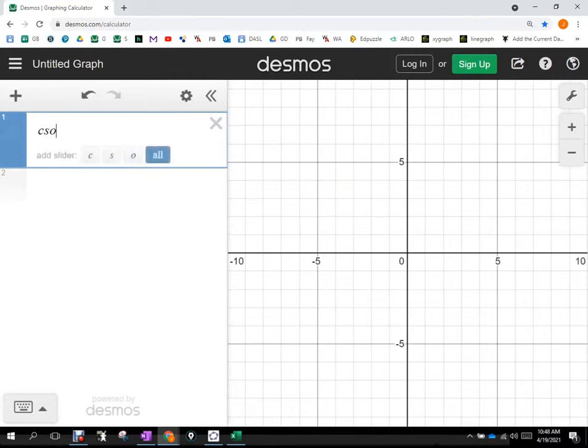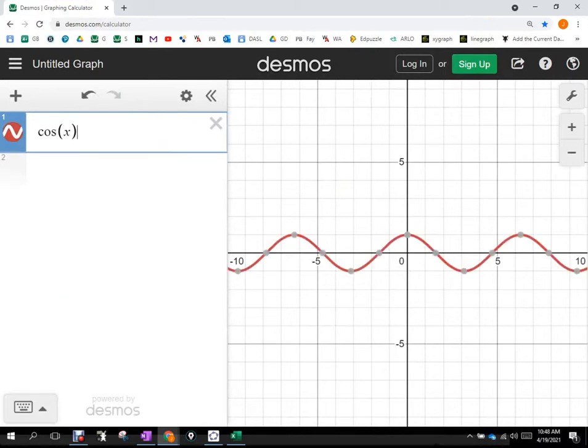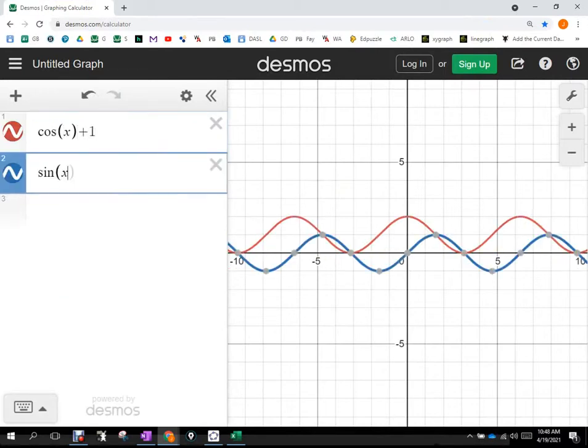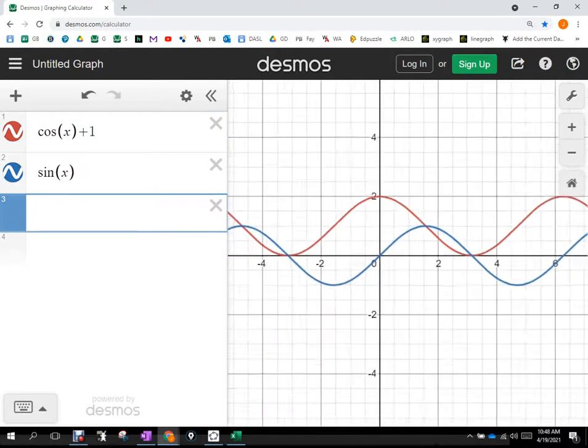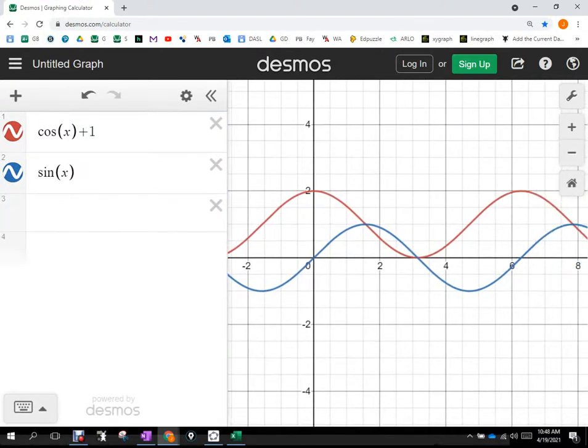All right, so cosine of x plus 1 and sine of x. Okay, so we got 180, 270, and 90. And we're seeing here the intersections are only 90 and 180, right?